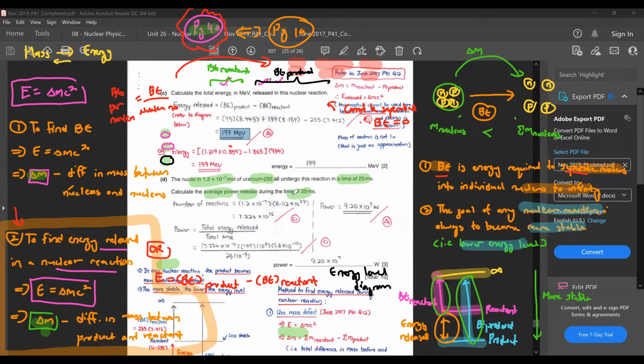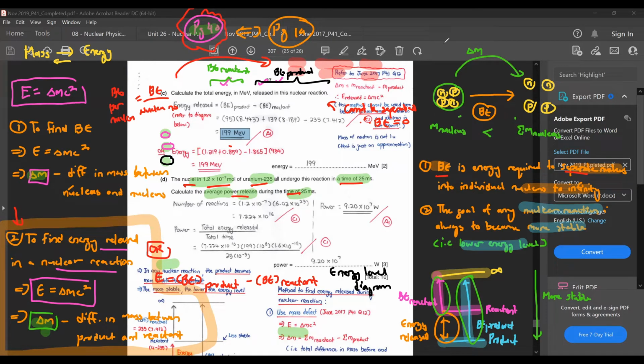So think about what they're talking about. The nuclei in this amount of moles of uranium-235 all undergo the reaction in 25 milliseconds.